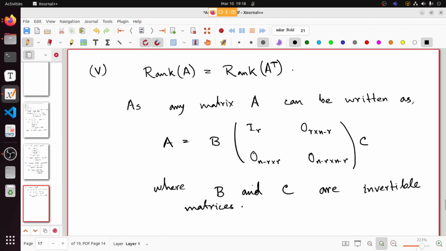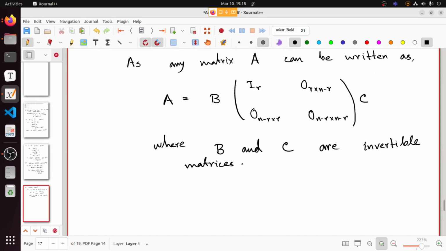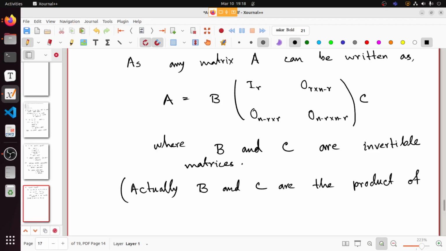This theorem was done in class. Actually B and C are products of elementary matrices.